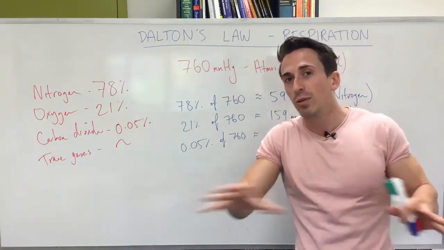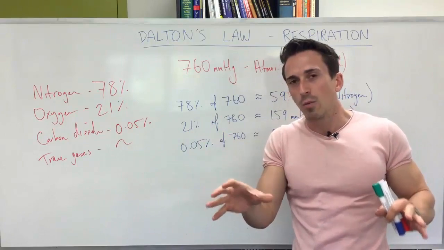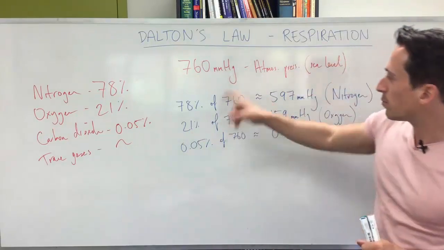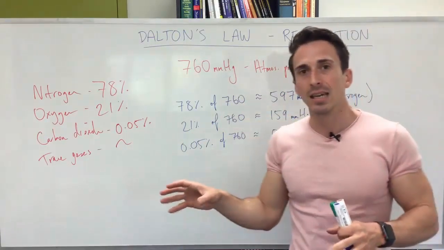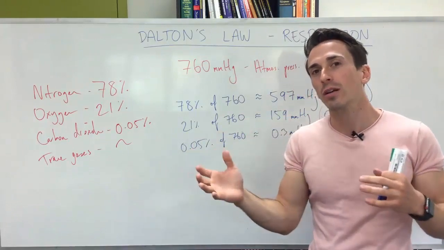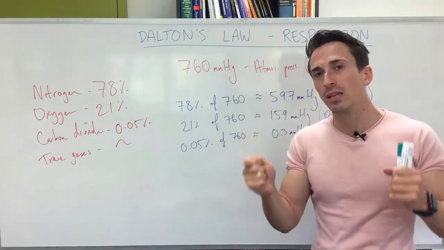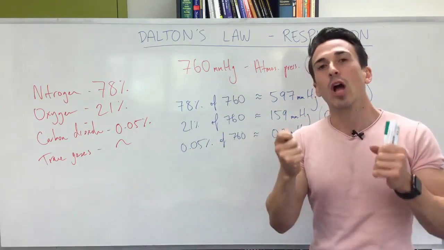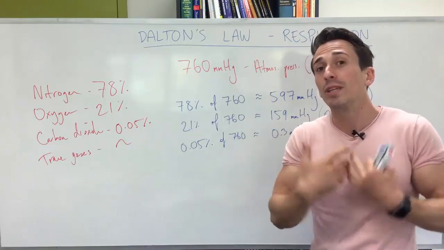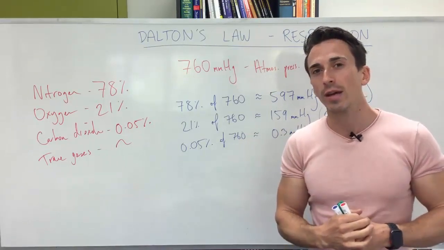And when it comes to Henry's law, it states that when these gases dissolve into a liquid, it has to do with their individual partial pressures. And they will only dissolve down a concentration gradient.